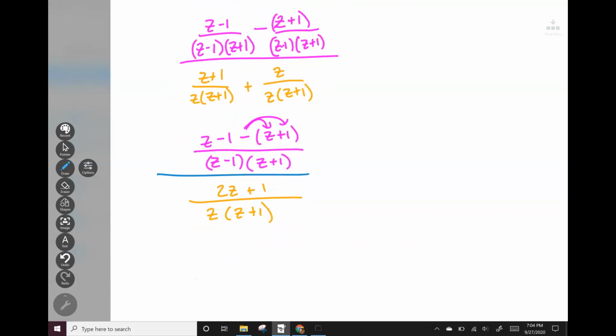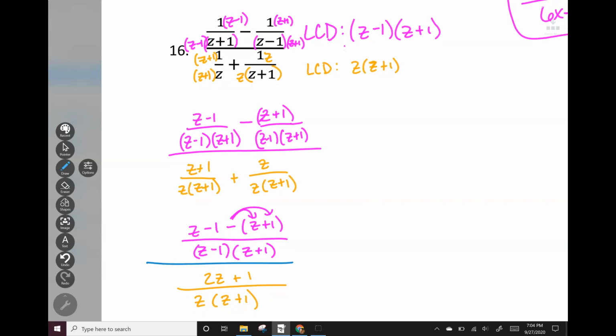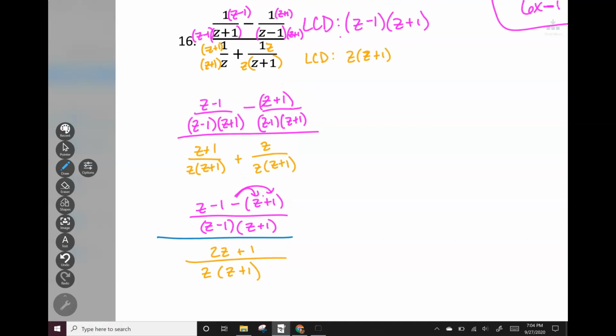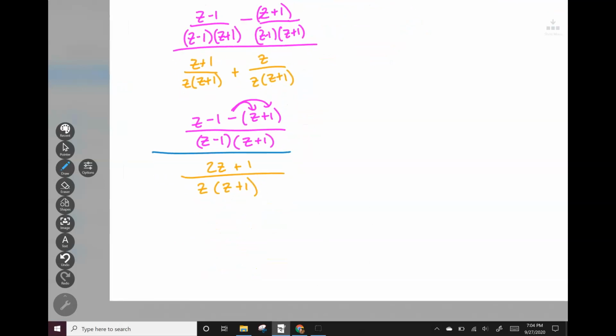Now I need to simplify the numerator. I'm sorry I'm doing this in so many steps. I just want to make sure everybody knows what's happening and I'm not skipping over anything. So distributing that gives me z minus 1 minus z minus 1.